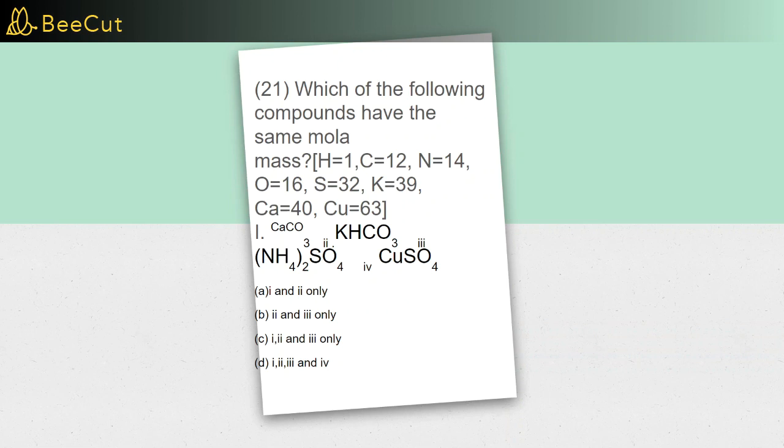The molar mass is 100. The other one, potassium hydrogen carbonate: potassium is 39, hydrogen is 1, plus 12, plus 16 multiplied by 3, and the total will be 100. That shows A, 1 and 2 only, is the correct option.